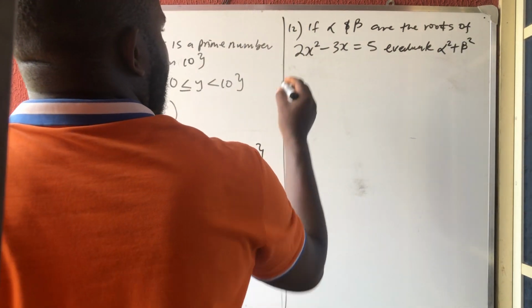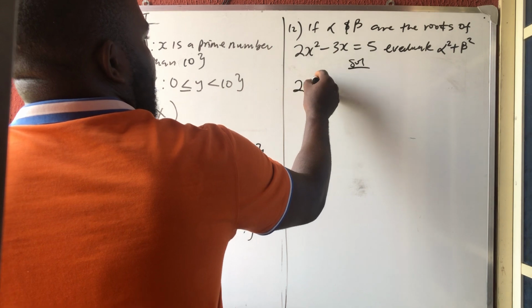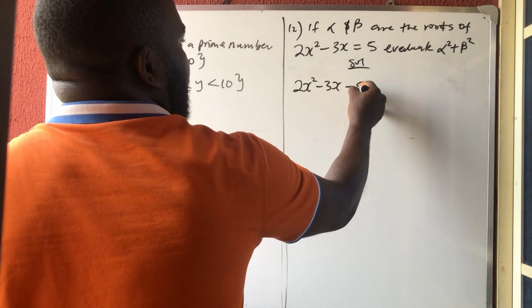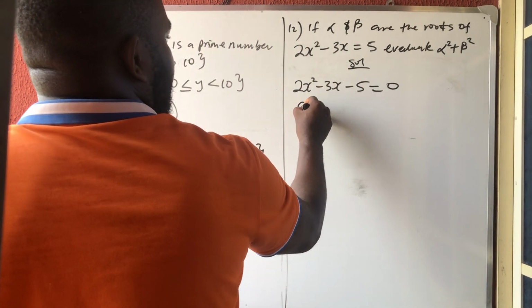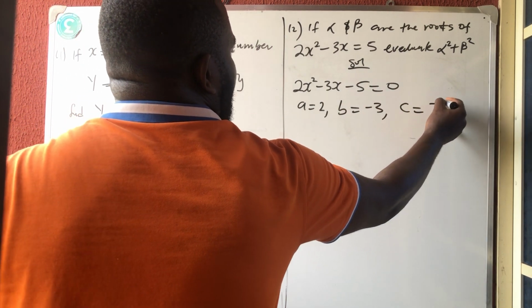It's very simple. First of all, you have to arrange it normally to become 2x squared minus 3x minus 5 is equal to 0, so that a is equal to 2, b is equal to minus 3, and c is equal to minus 5.